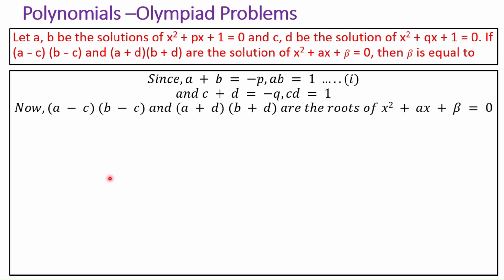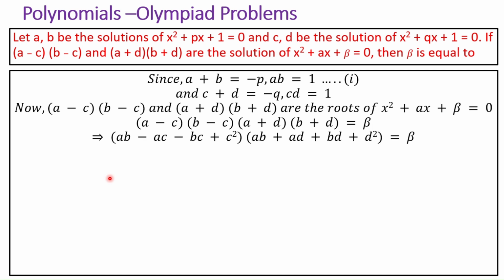Now (a minus c)(b minus c) and (a plus d)(b plus d) are the roots of this equation, right? So the product of the four of them, (a minus c)(b minus c)(a plus d)(b plus d), equal to beta. Now you expand that: ab minus ac minus bc plus c square, into this one. Now you simplify it further.